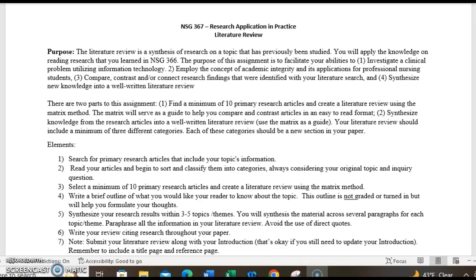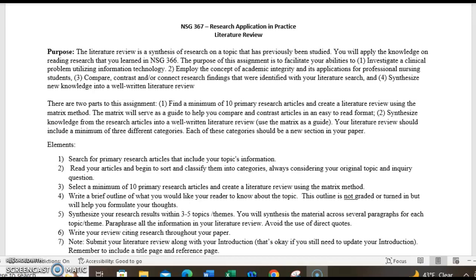It is or can be a time consuming process, but again, when we take those elements from different research articles and we place them into the matrix, it does provide an easy to read format to compare and contrast the articles.